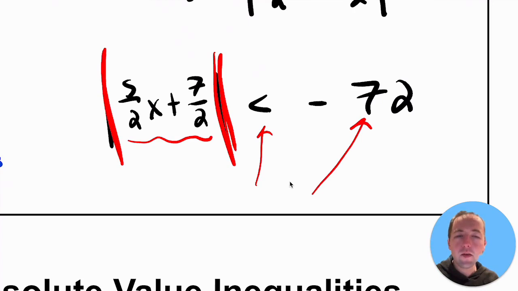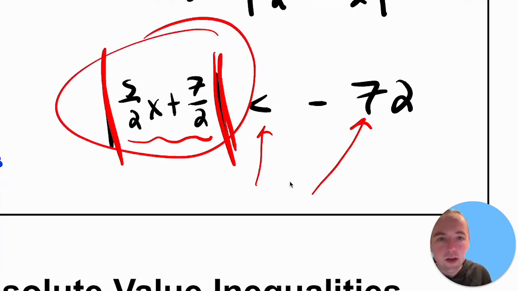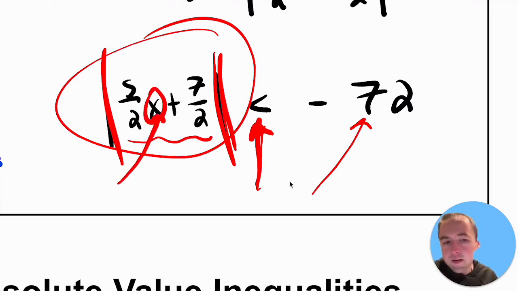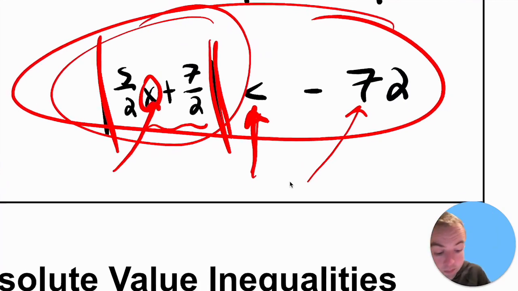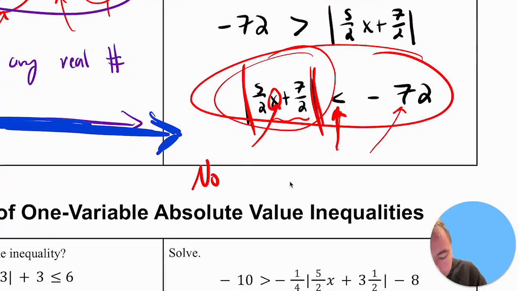That's a little confusing, because whenever you take an absolute value, it should always be positive and not be less than something that's negative. So it doesn't matter what you plug in for x, it's never going to be less than -72. So this statement will never be true for any value of x. Therefore, there is no solution to that inequality.